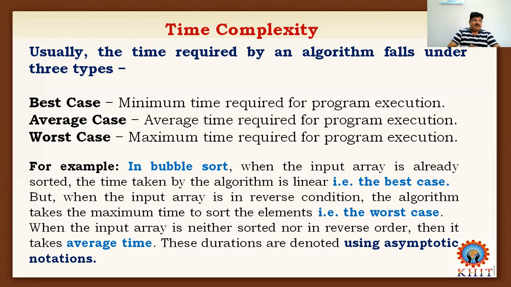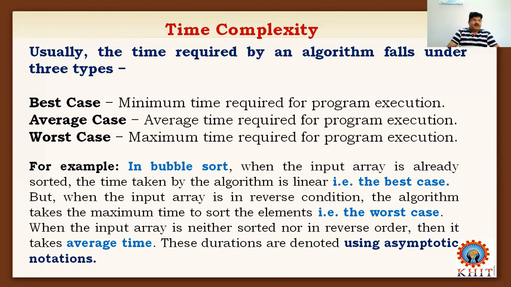In this case, what is the time complexity? That means how much time is required, how much compile time and execution time is required? In the question itself, all the elements are sorted, and the result we are expecting is a sorted array. An already sorted array is there. How much time is required for executing this algorithm? One time. That is called the best case time complexity. In a single step, you got the answer.